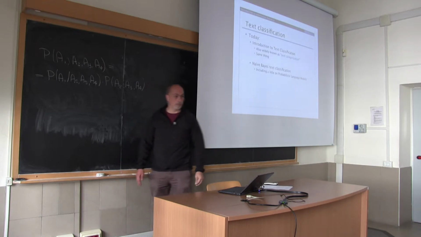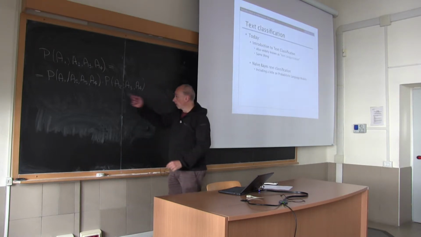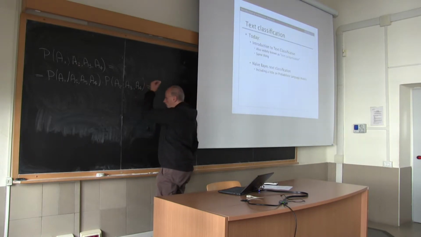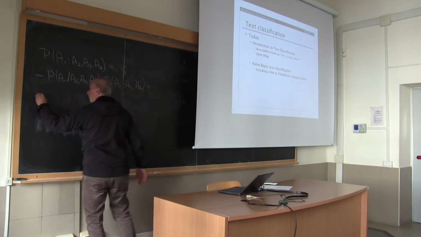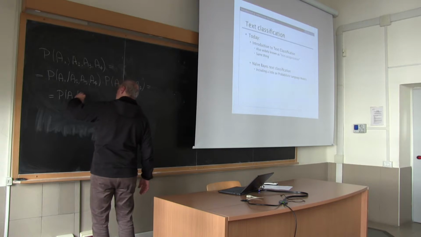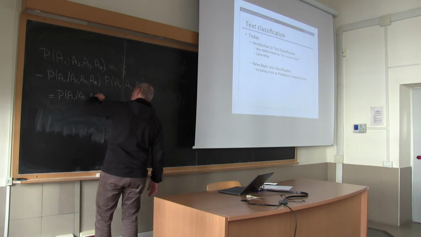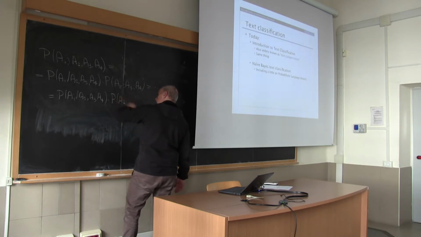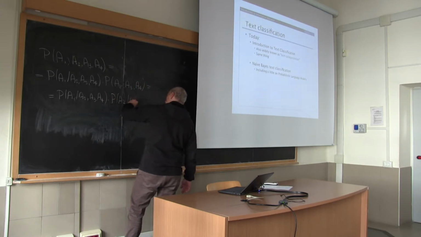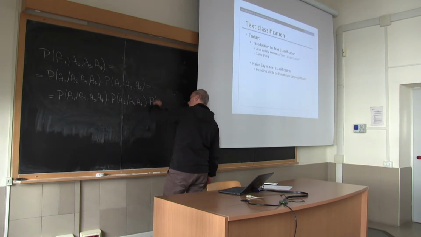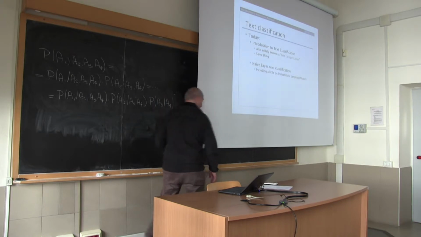Do you agree with me up to this point? And then you can do the same with this, iteratively. So if you do this several times, eventually you will get this.